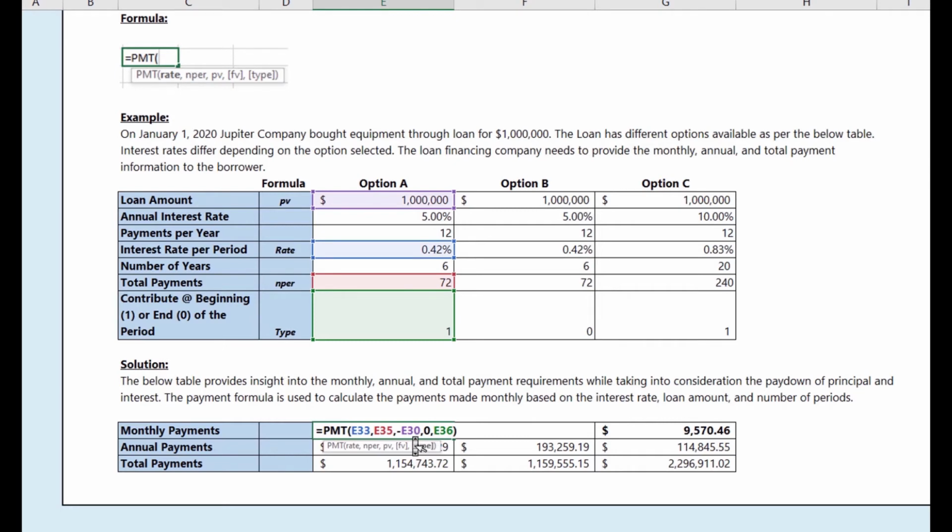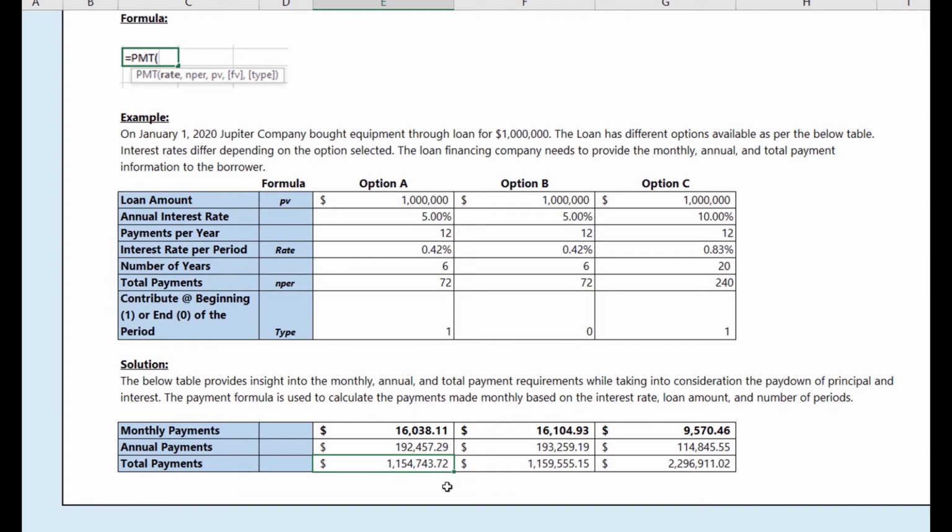Next, for option B, we can carry over that formula and apply it in the exact same manner. In this case, however, the difference between option A and B is that payments are made at the end of the period for option B and the beginning of the period for option A. Therefore, the monthly payment amounts differ.